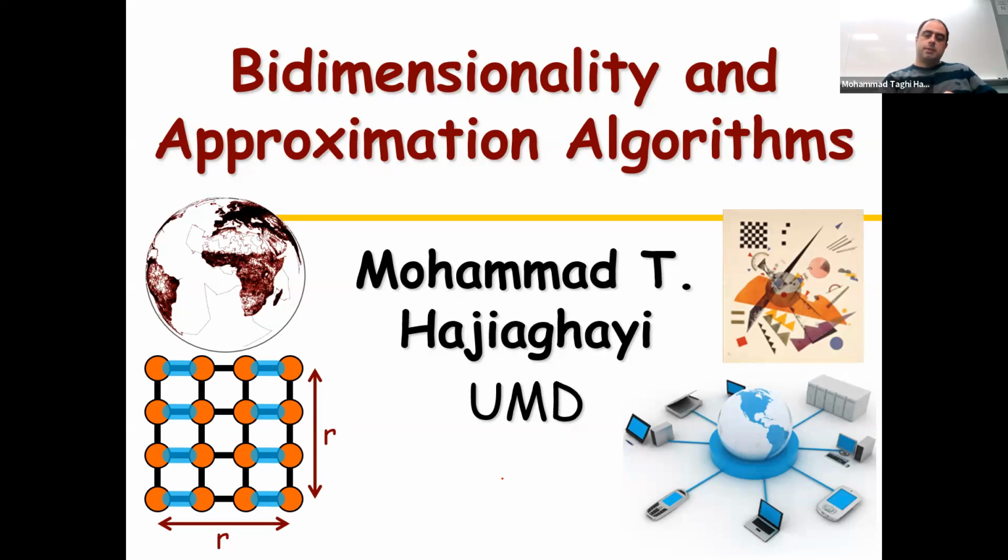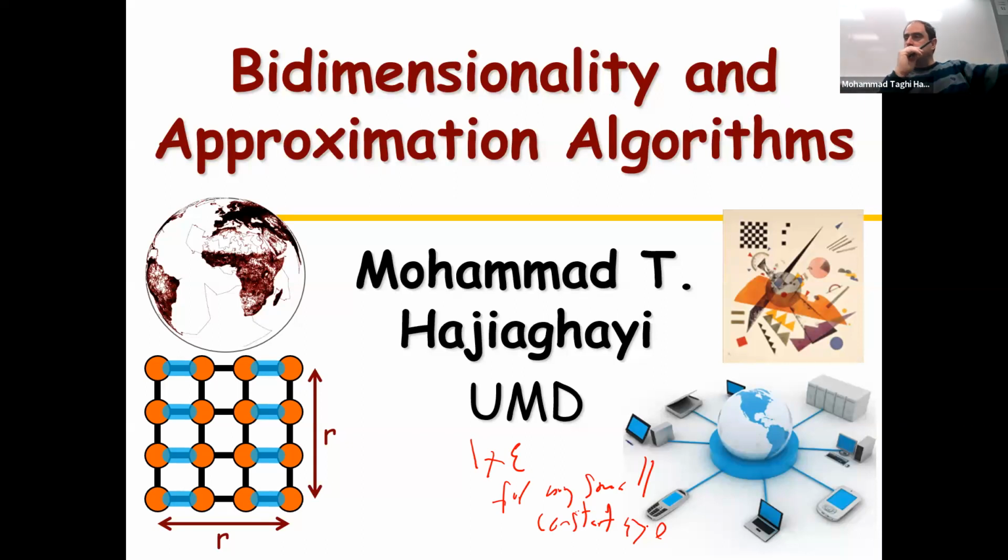PTAS essentially is 1 plus epsilon for any small constant epsilon greater than 0. So we can guess it's 1 plus epsilon for all of these things. These problems are also NP hard on these graphs. So that's the best essentially that we can hope. So PTAS is somehow the best that we can hope, and we will get it there.